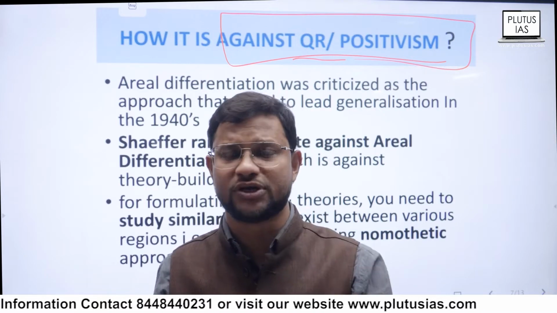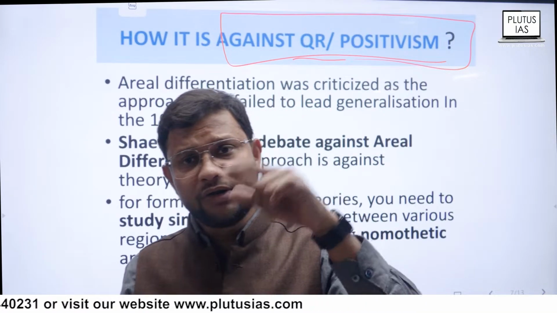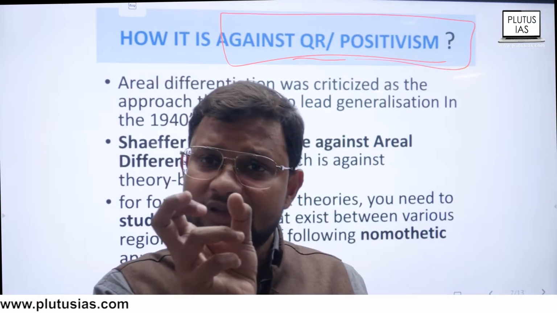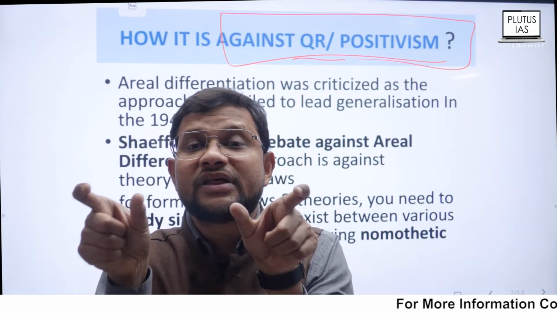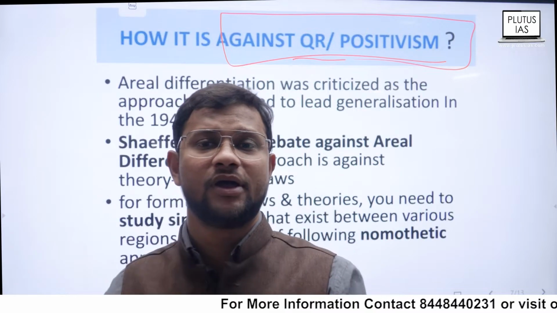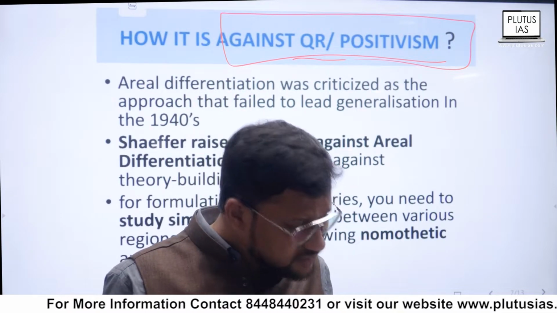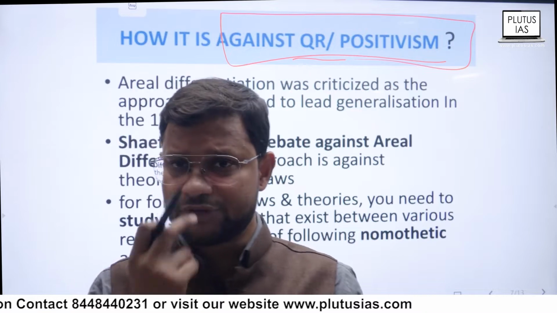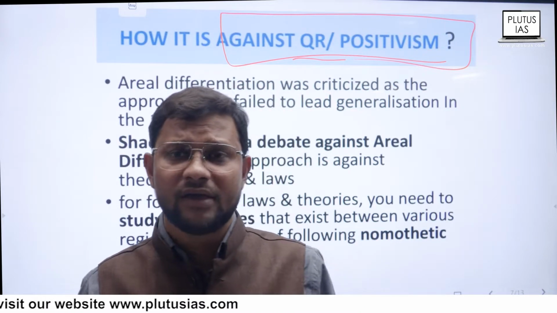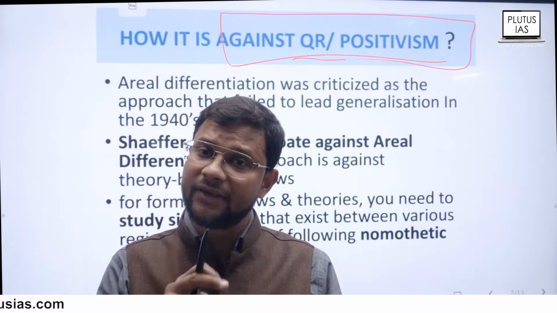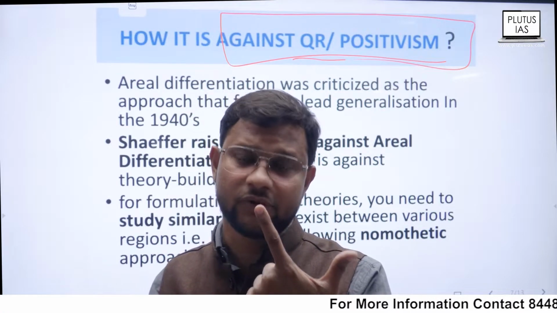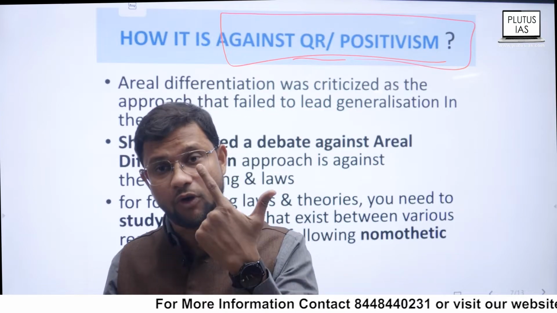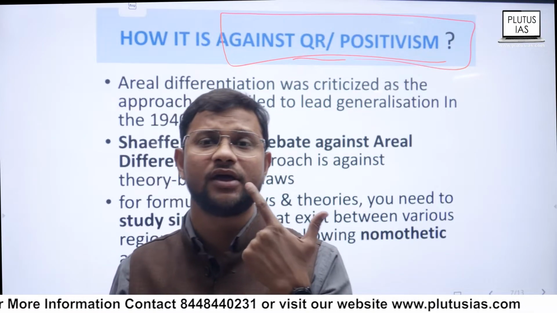But quantitative revolution believes in similarities, and areal differentiation believes in what? Differentiation. See, this is where their difference started. Areal differentiation is against this philosophy of quantitative revolution, in that it believes in differences, uniqueness and particularness, or the particular capacity and characteristics of a region.